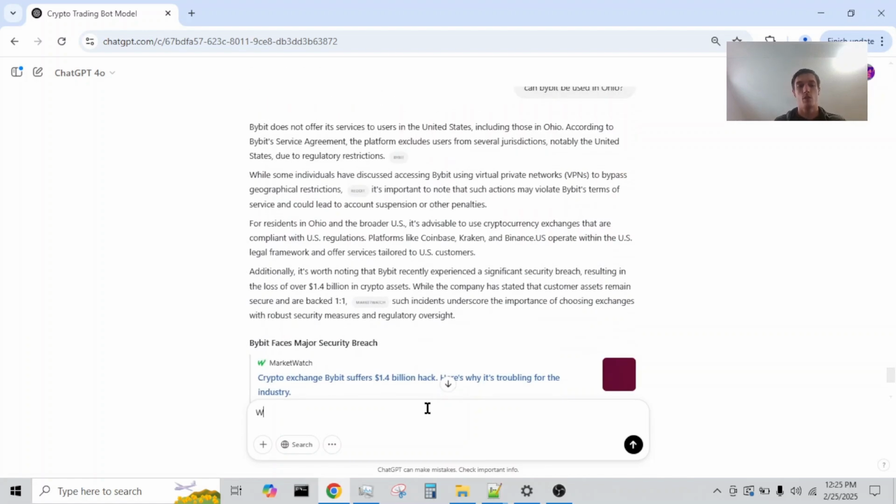Let's see. What exchanges can we connect to in the USA that have low gas fees?